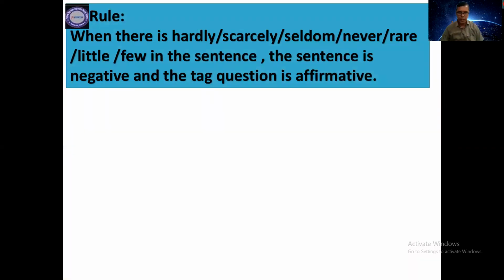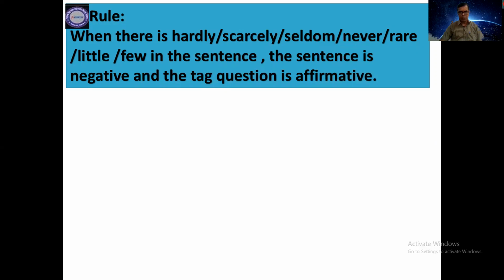Rule: when there is hardly, scarcely, seldom, never, rare, little, few in the sentence, the sentence is negative and the tag question is affirmative. But when a few and a little are used in the sentence, the sentence will be affirmative and the tag question will be negative.